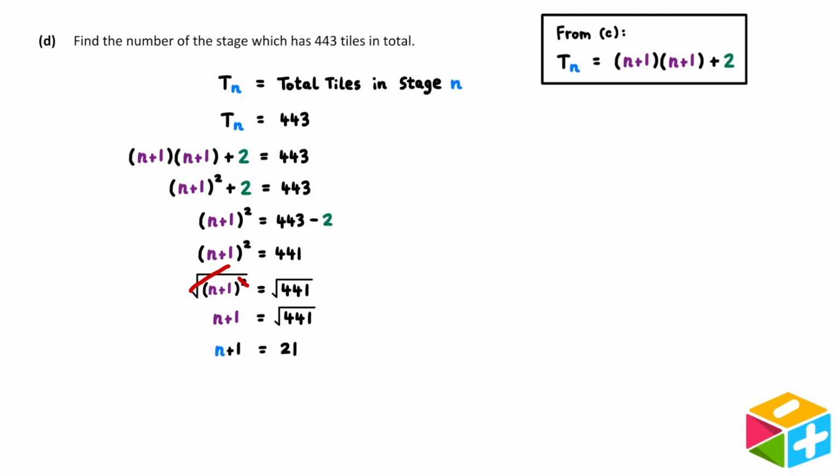Doing some calculator work, this simplifies to n plus 1 is equal to 21. As our final step, we can get rid of the +1 by subtracting 1 from both sides. This brings us to a final answer of n equal to 20. So the 20th stage of our pattern will have 443 tiles.